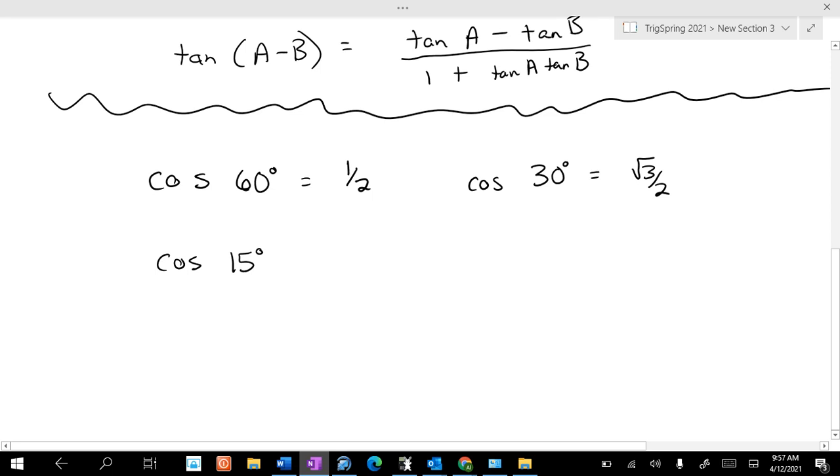What does it say on your unit circle? It's not there. Oh no. How could we find the cosine of 15 degrees if it's not there? Well, we can use a sum and difference formula. Now, what's the cosine of 45 degrees?